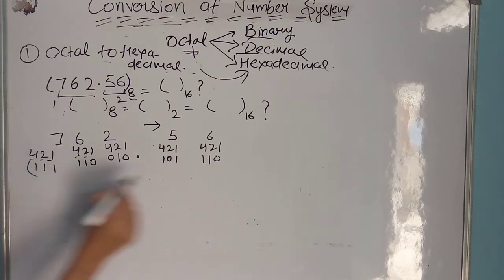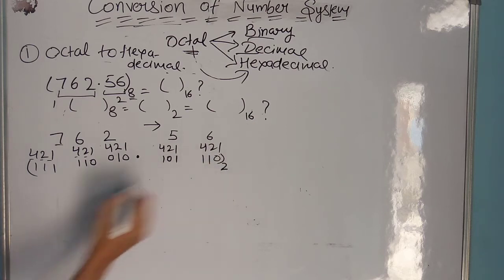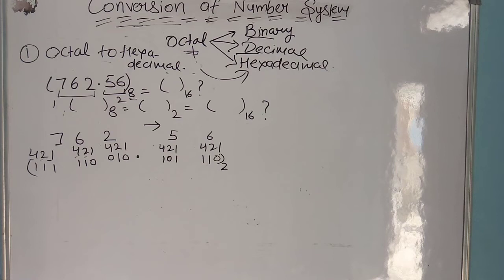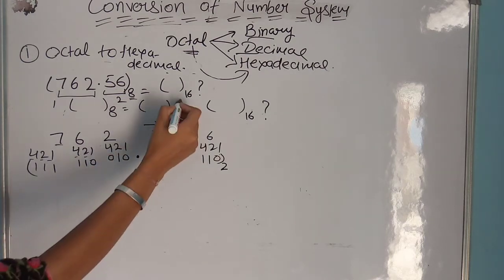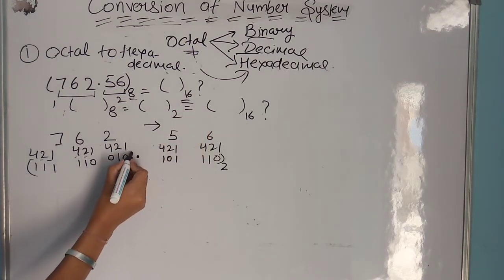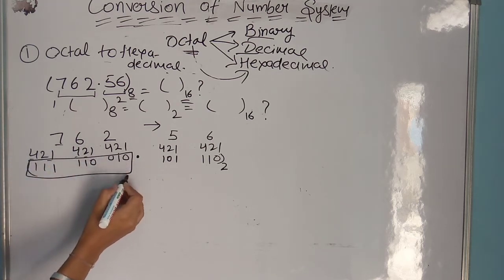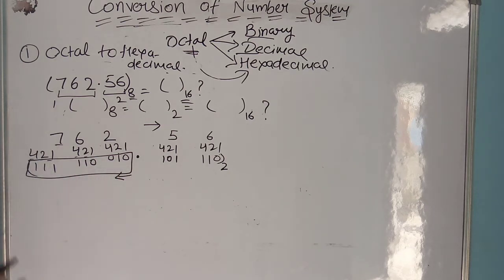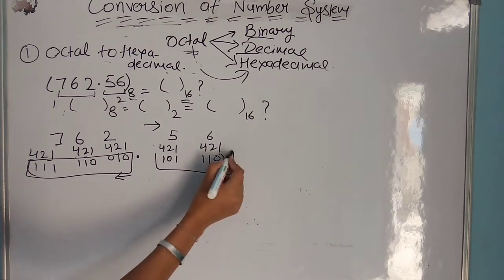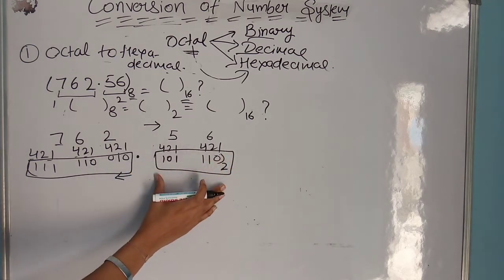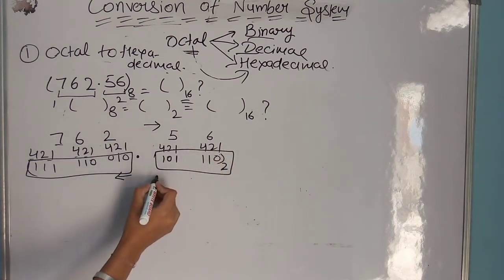Now this is a binary number, and we convert it into a hexadecimal number. For this group, we make groups of 4 digits from right to left, and for this group we make groups of 4 digits from left to right.